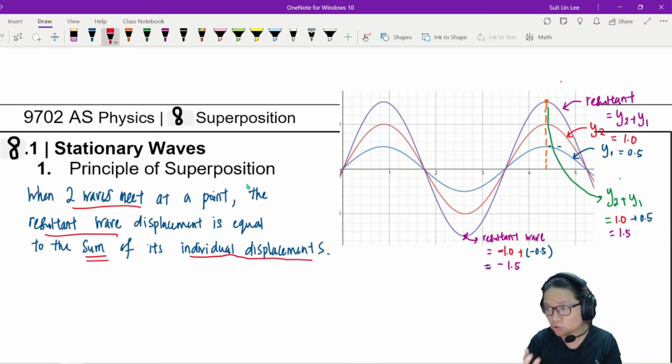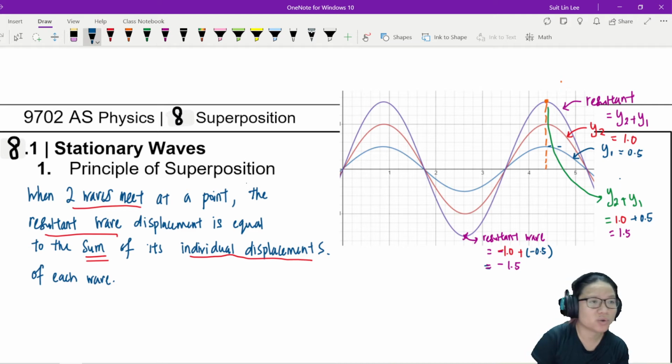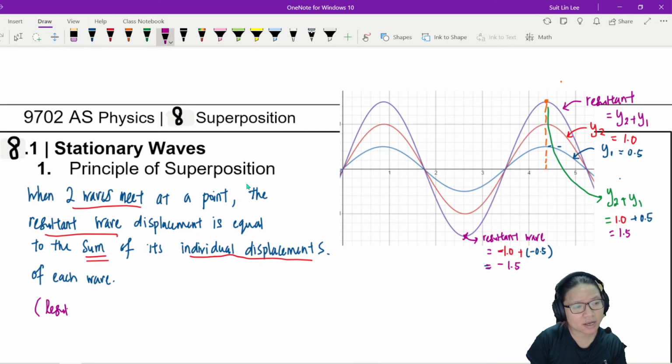If you want, you can say individual displacements of each wave. I'll write that down for you. Essentially, we are saying in fancy sentences that the resultant wave is equal to the first wave y1 plus the second wave y2.